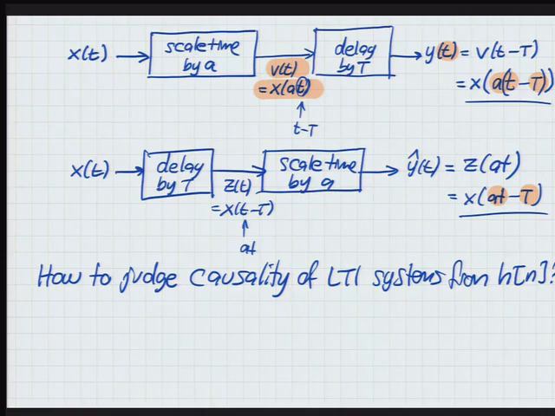So what would you think? What would be the condition? Can you give me a simple condition? Check this property about H, the impulse response, then you are for sure causal, or vice versa. If H is such and such, this is not causal. Before zero, because before zero, there was no impulse, right?